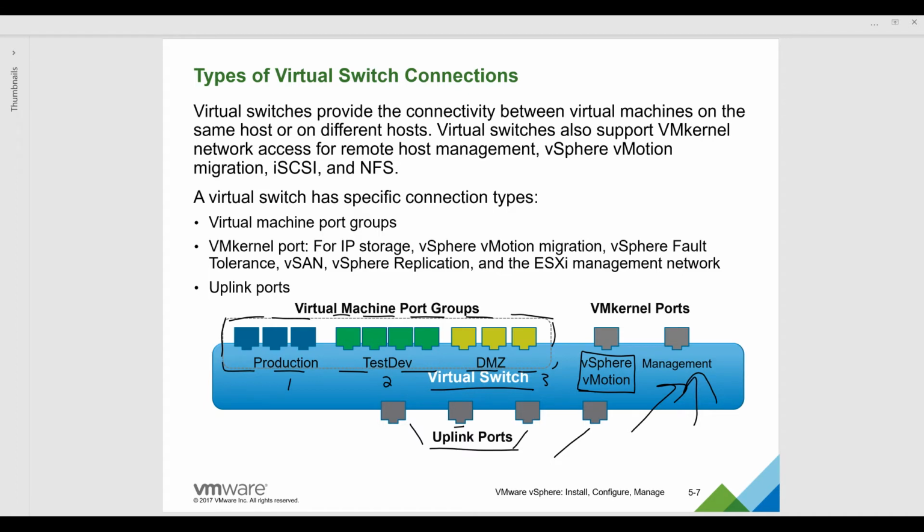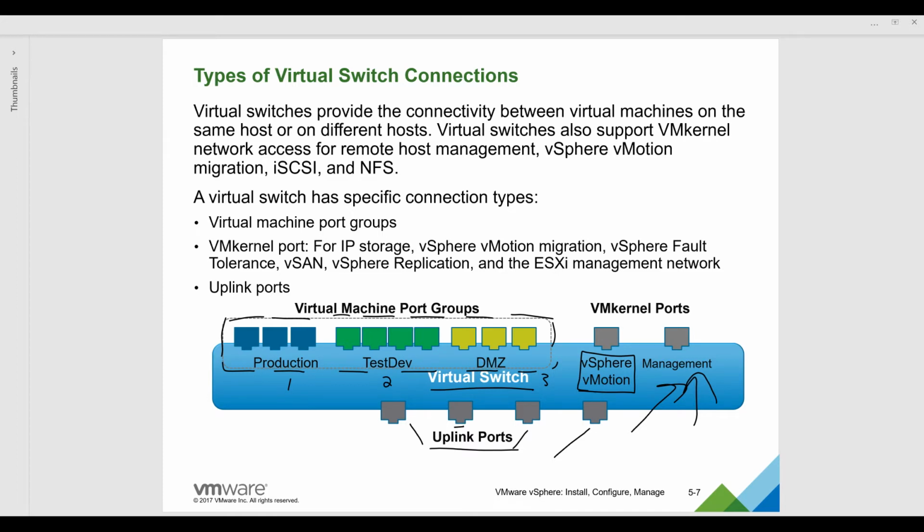Now, each ESXi host management network port has its own, and each VM kernel port must be configured with its own IP address, your network, and your gateway. And as you'll notice in the previous slides, we talked about setting up your networking. Well, that's where you want to double check and make sure: do I have my IP address right? Do I have my gateway right? What network do I want to be on?